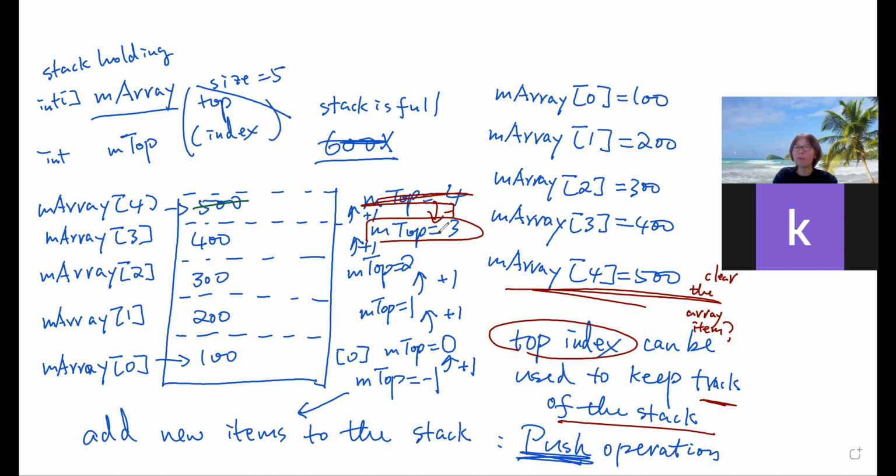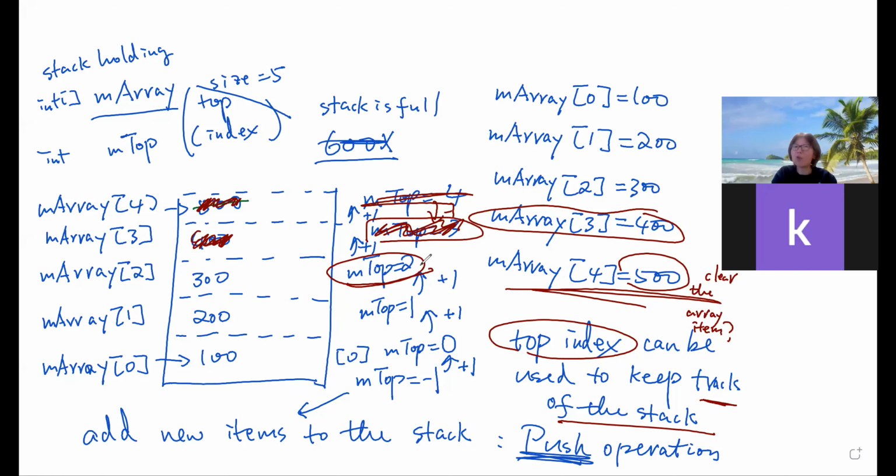Similarly, when you want to remove 400, it's still associated with that array, but it's not in the stack. Your top index is decremented by 1 to 2.